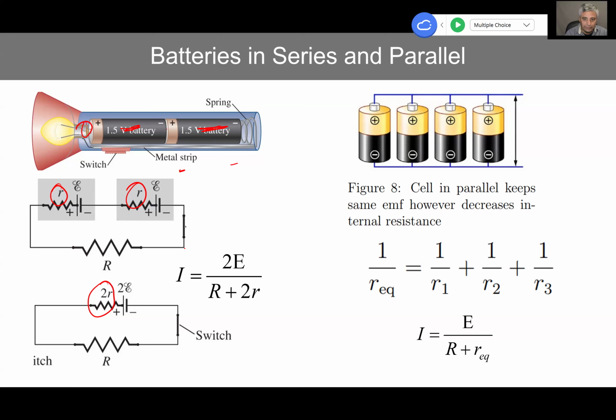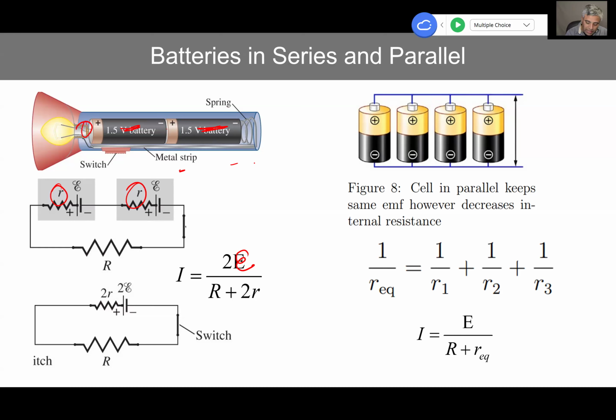The current does not double compared to the current from just one battery. Why? Because the internal resistance increased. So because of that, the current becomes this. So look at this here, it became E.